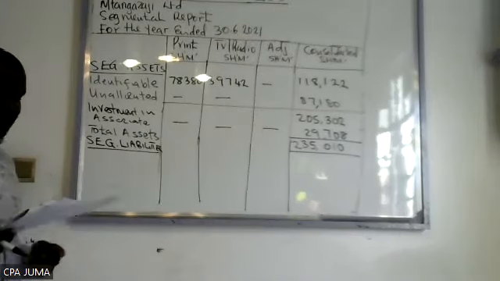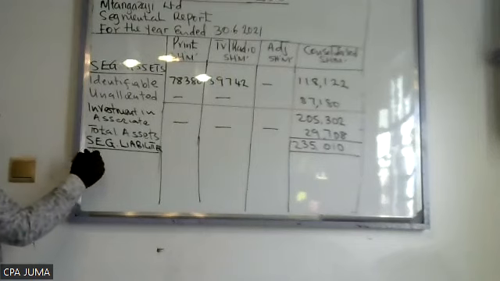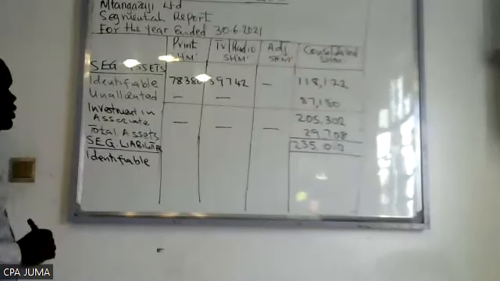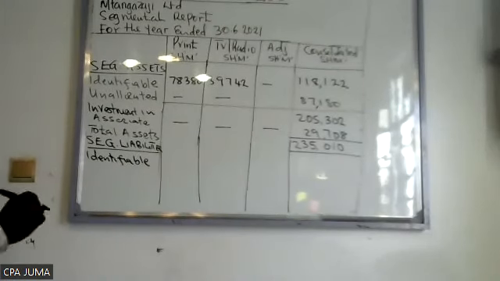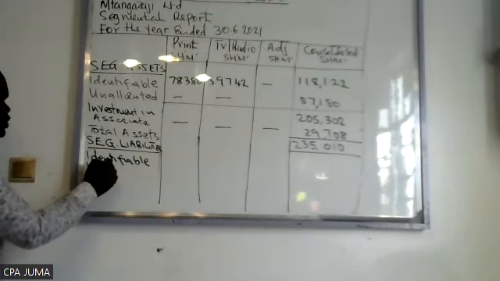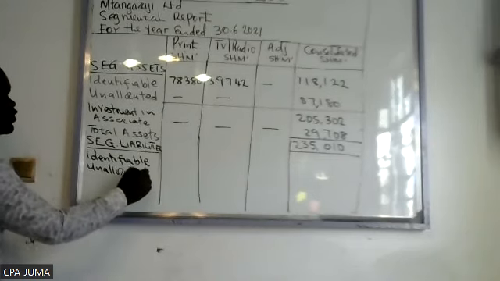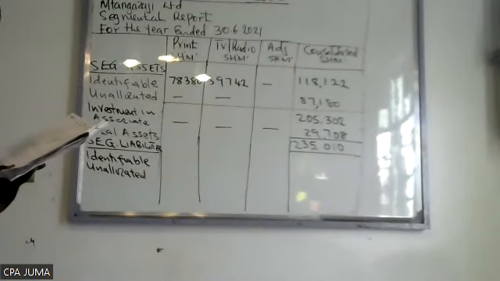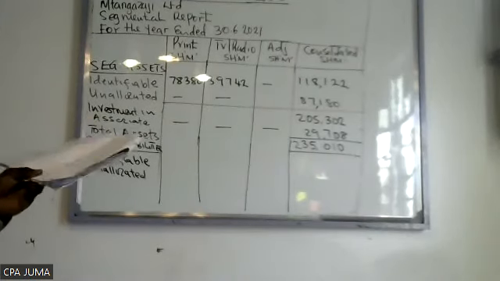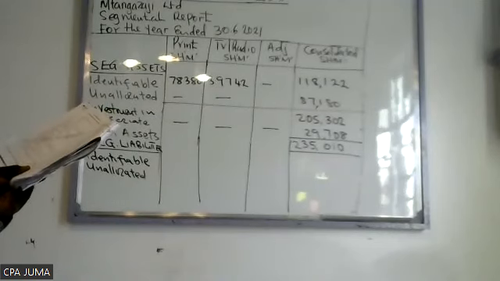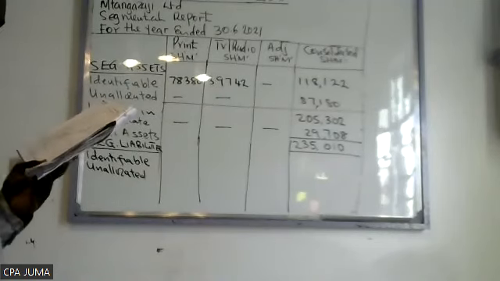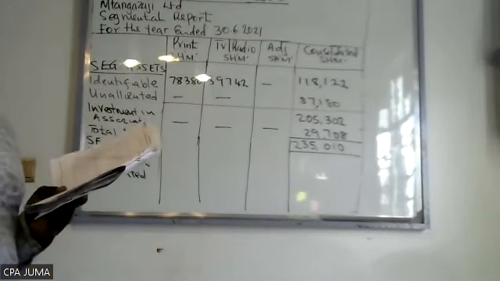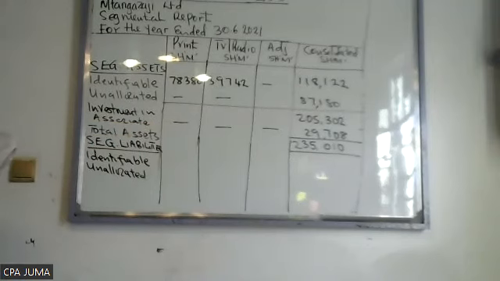So segment liabilities, you will give me identifiable, then unallocated. For liabilities, there are only those two. So I want you to do that work for me. For the liabilities also, the same way as assets, there is both current and non-current. Print, TV, unallocated. So to move uniformly, let's start with identifiable.